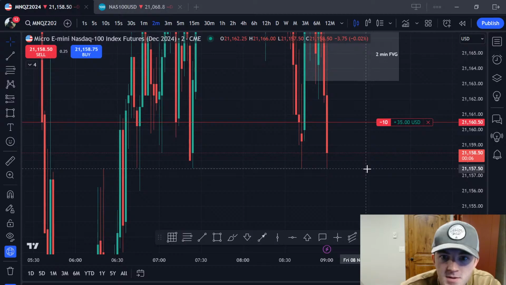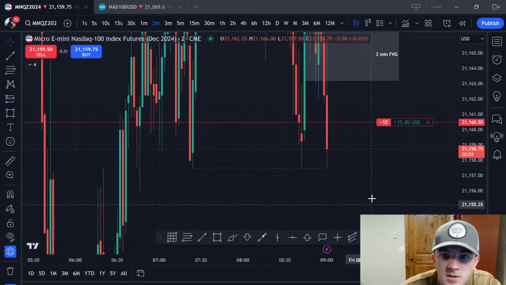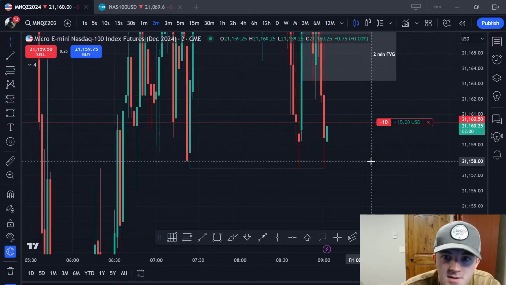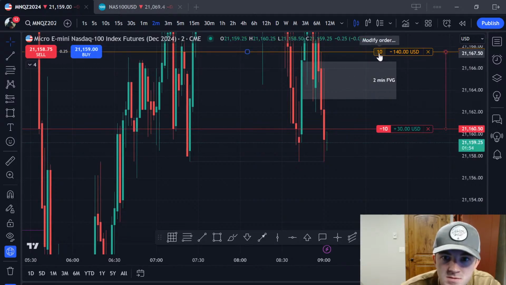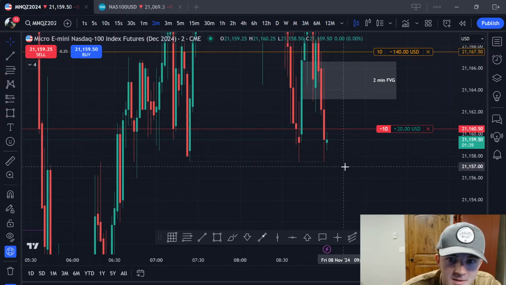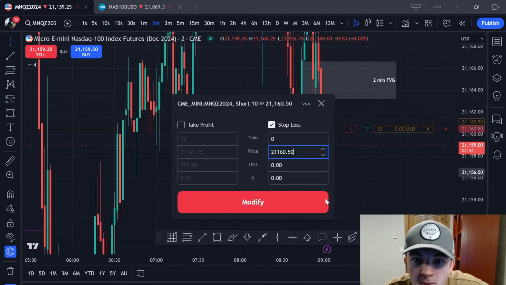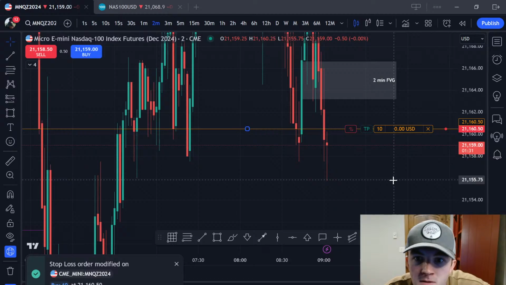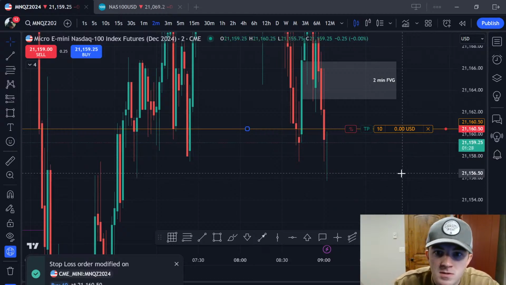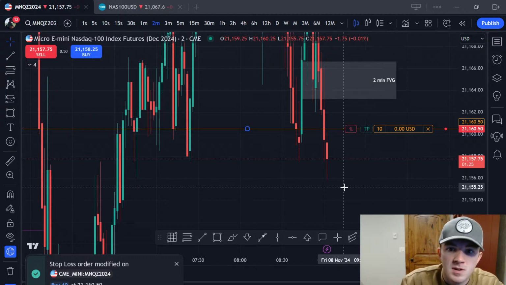We left more equal lows. What the heck? That's so weird. Why'd we leave more equal lows? There we go. Stop loss to break even.